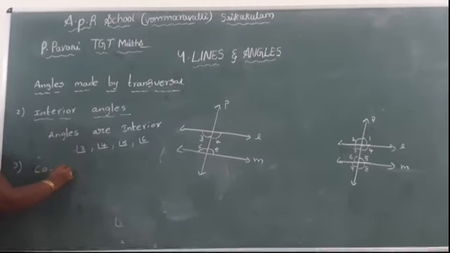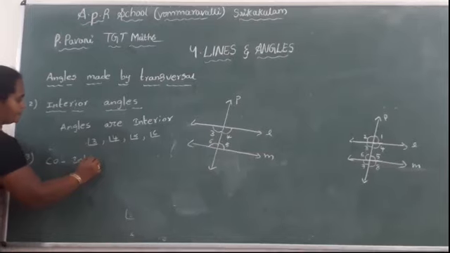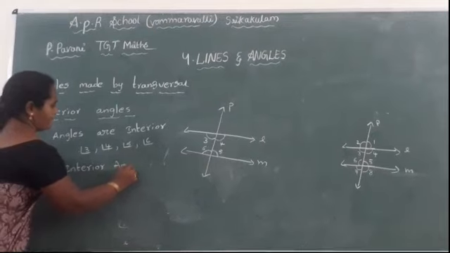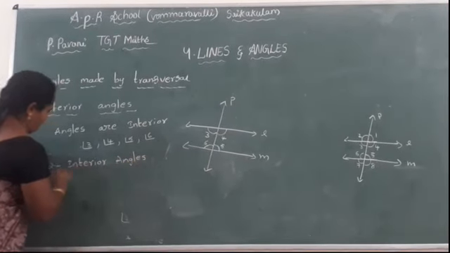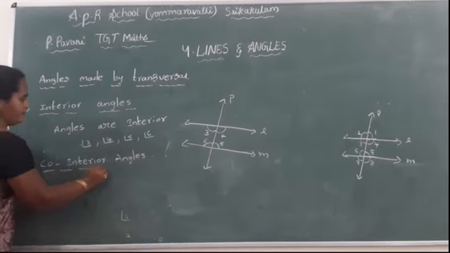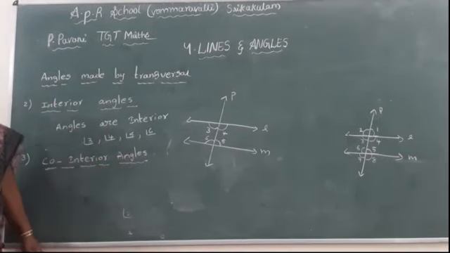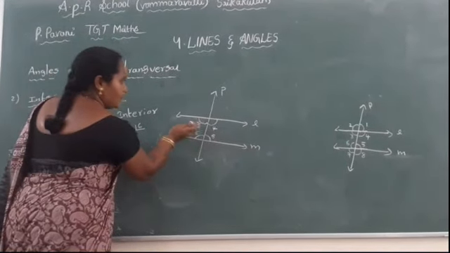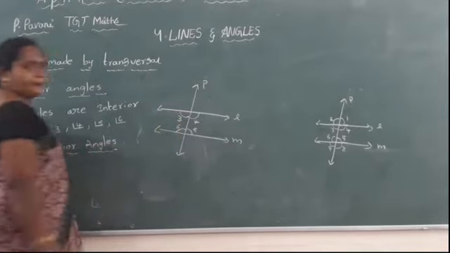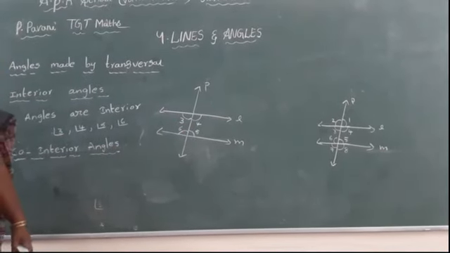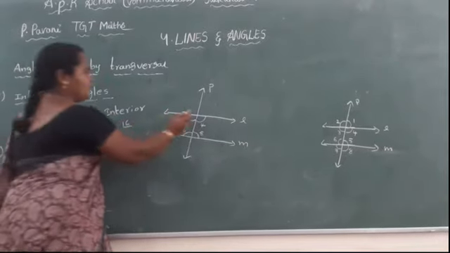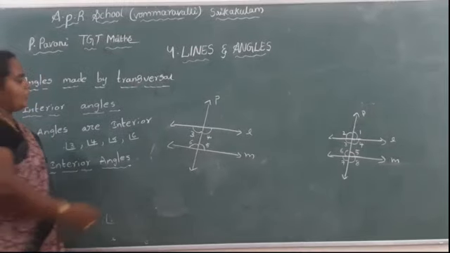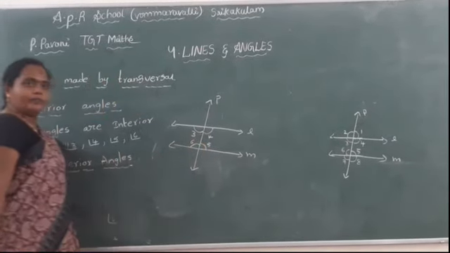Co-interior angles. Co-interior angles means the angles are interior and also on the same side of the transversal. Angle 3 and angle 6. Next one is angle 4 and angle 5.